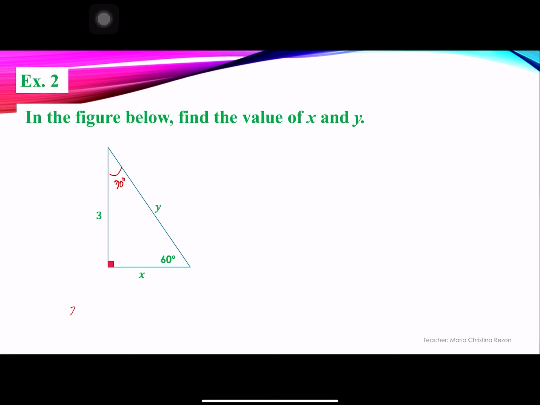And we have a 30-60-90 triangle, a special triangle. In a 30-60-90 triangle, this is your shorter side, or leg. This is the longer leg.